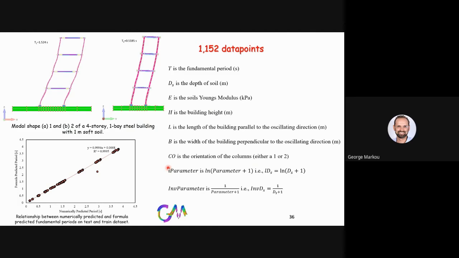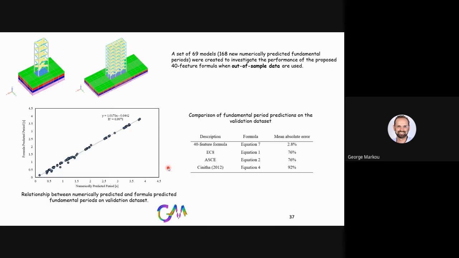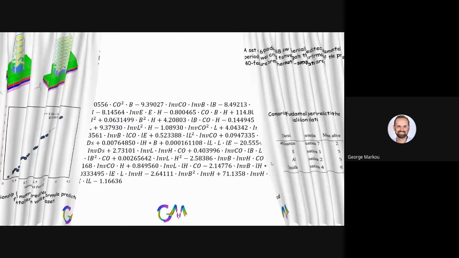This is, as you can see, the comparison between the proposed formula and the numerical data set, with a 99.95% correlation ratio. And we developed an additional 168 results that are out of sample, and we found a 99.71% correlation ratio, and of course a 2.8% mean absolute error compared to Eurocode and other formulae out there.